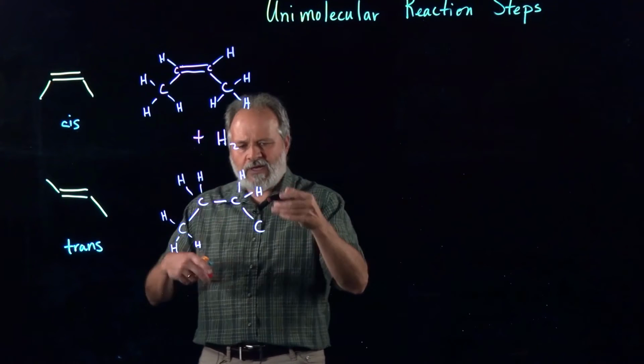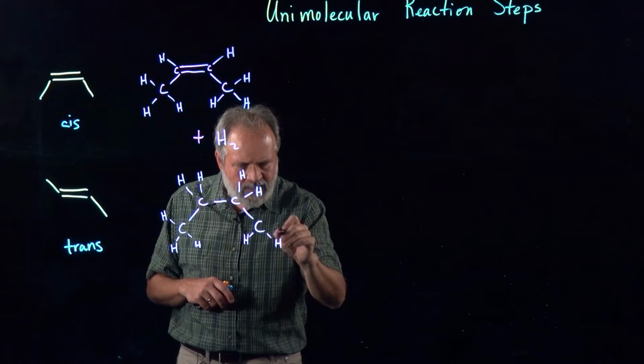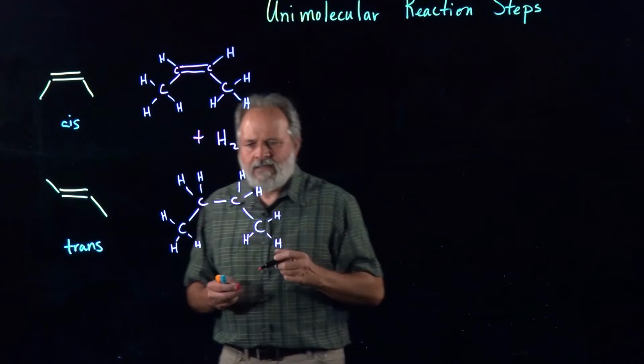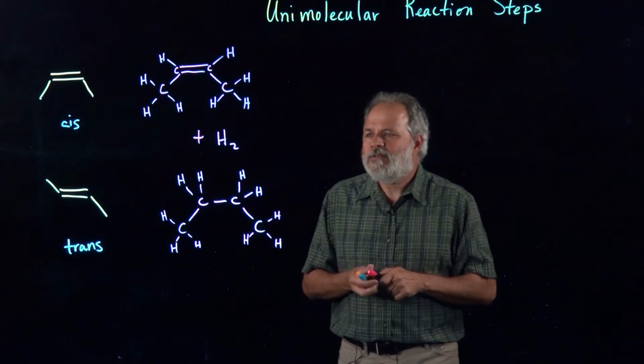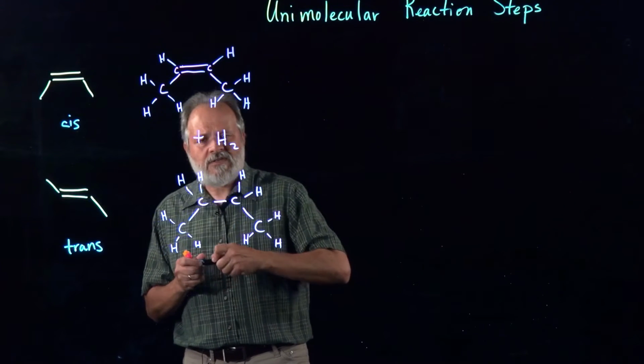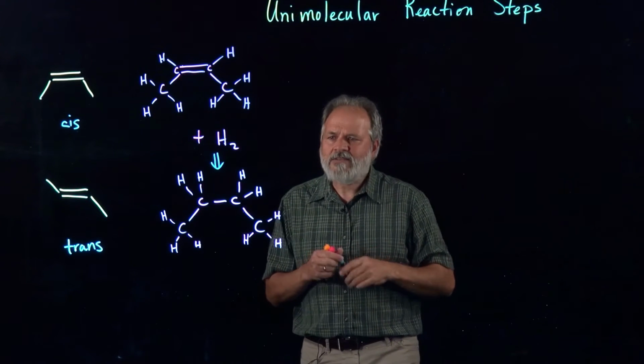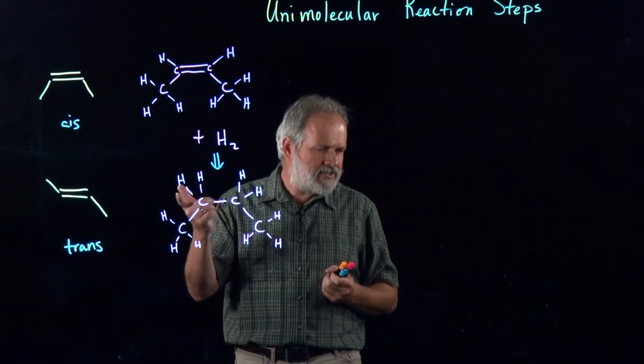And now it can freely rotate. And so that's key to some of the chemical processes that convert cis to trans. All right, and so these 2 combine to form that. And so this is a process called hydrogenation.